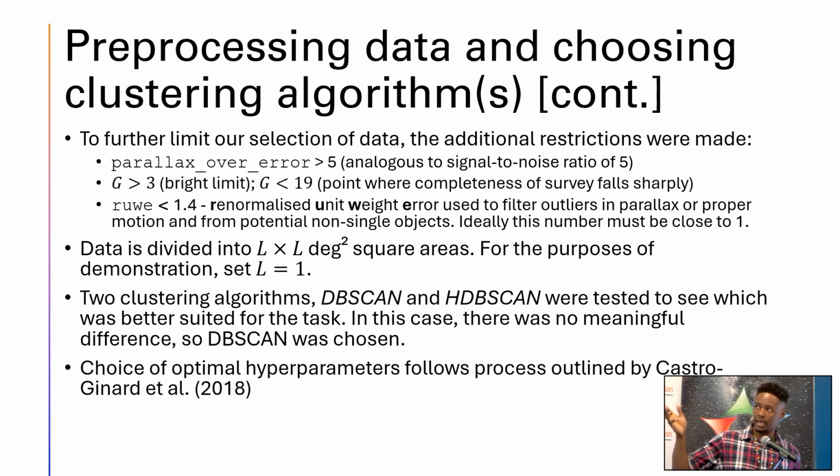So by picking a parallax over error that is above 5, you eliminate those objects. I also imposed limits on the magnitudes used, 3 being the bright limit of the survey. The actual faint limit, I think, is 21, but 19 is where the completeness of the survey starts to fall sharply, okay?